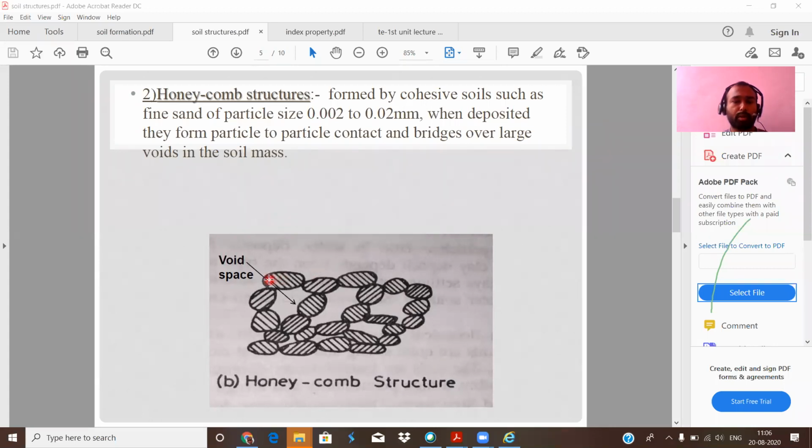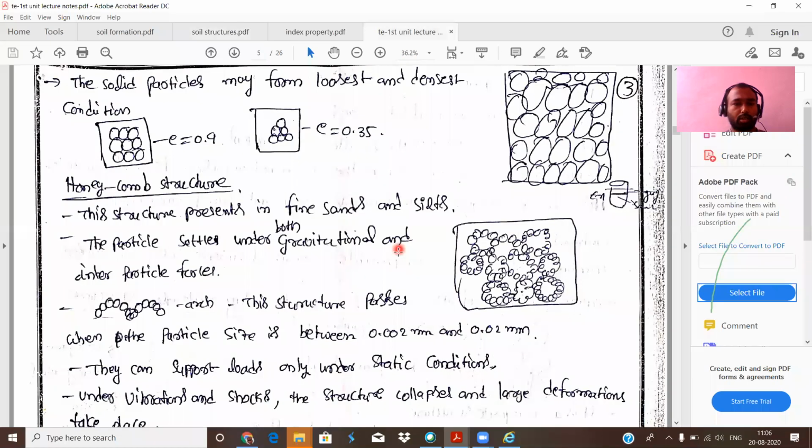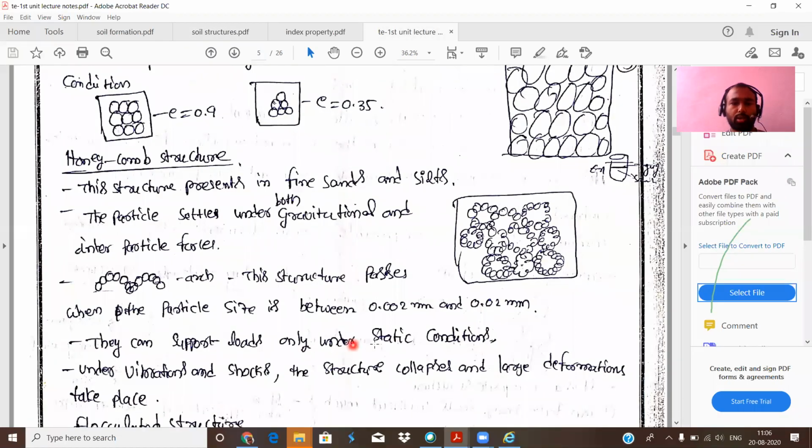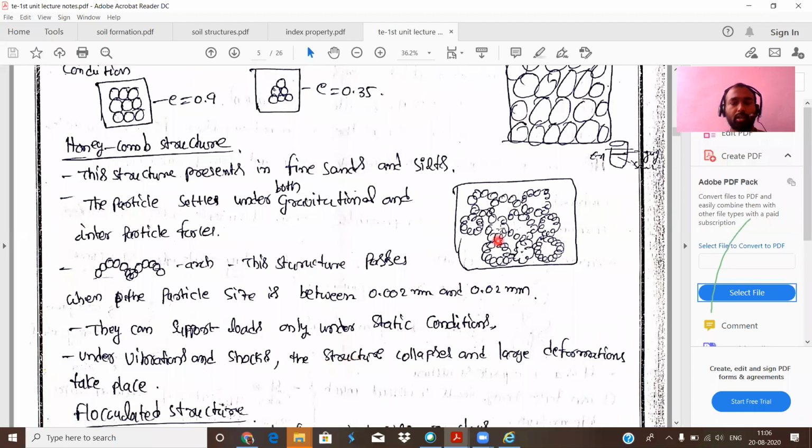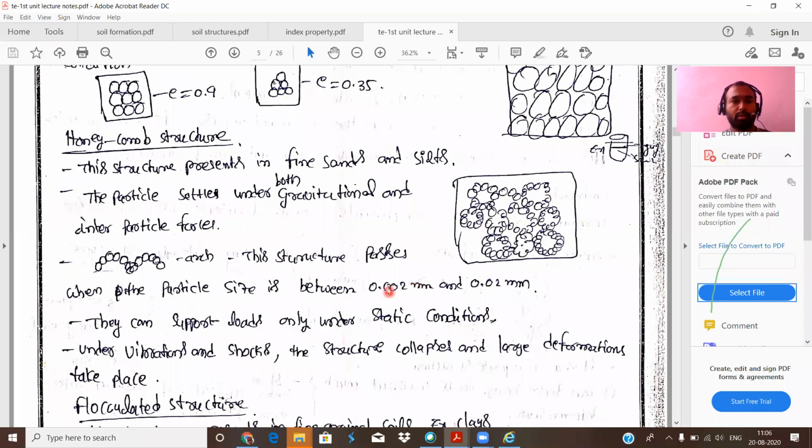The cohesion may be due to the presence of moisture on the surface of the particle. Honeycomb structure can support only static conditions. Under vibrations the structure may disappear, so automatically the structure will collapse.